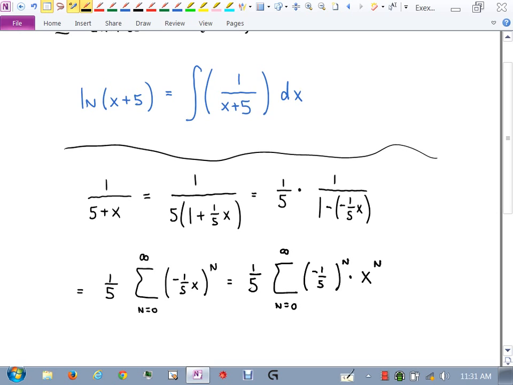I'm just peeling these two apart so that hopefully you can see that this right here is my c sub n, and this right here is my x minus a to the n. And when we were doing this before, I said that this was something we wanted to do later, because when we do the integration formula or the differentiation formula, you want to separate that constant term out from the x to the power.